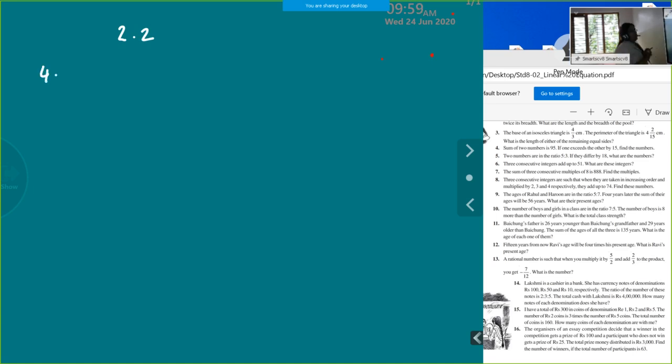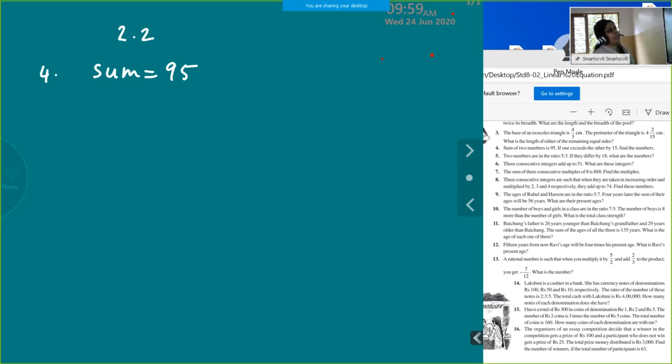The sum of two numbers is 95. So the sum is equal to 95. It's given that one number exceeds the other by 15, and find the numbers. We learned that exceeds means it should be added.